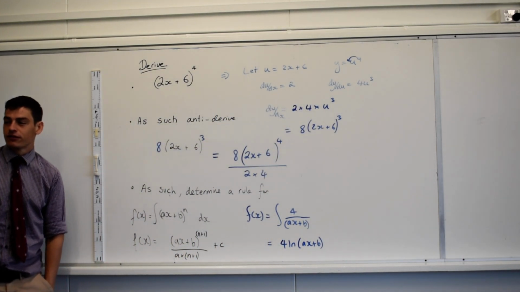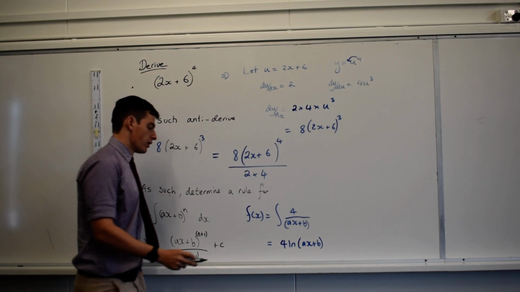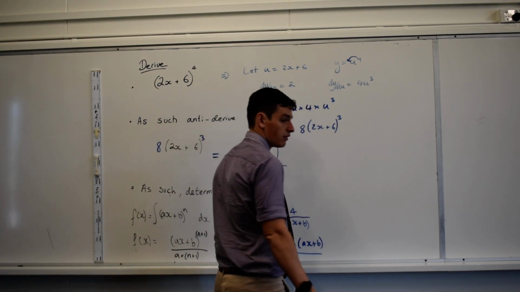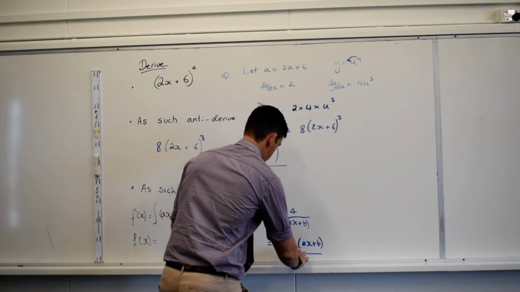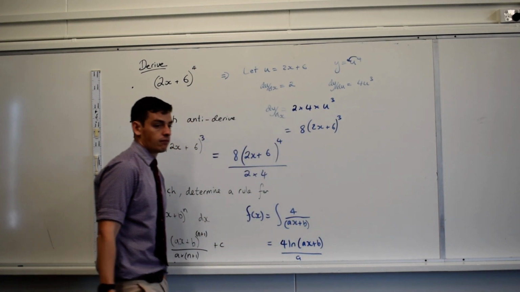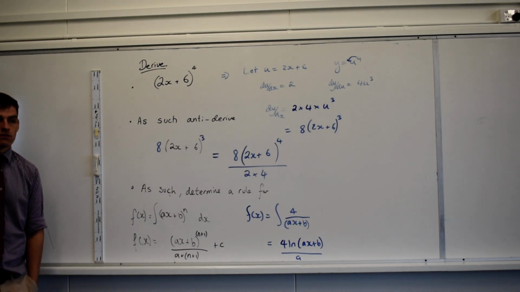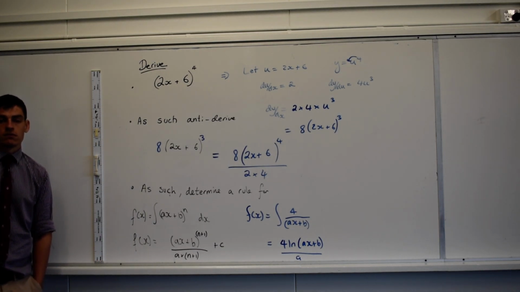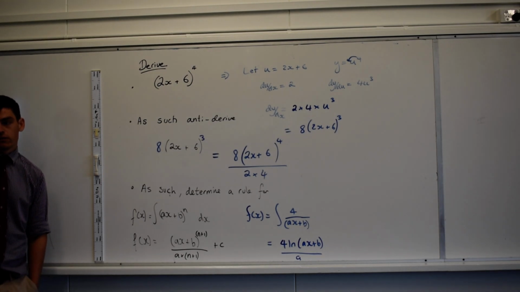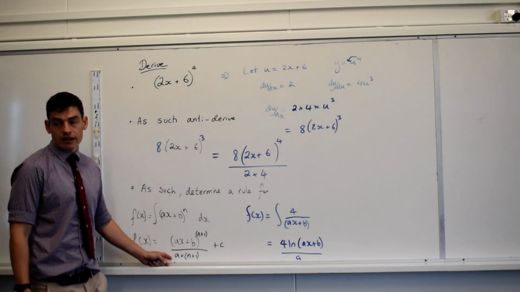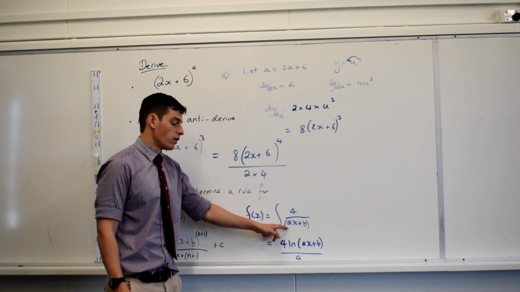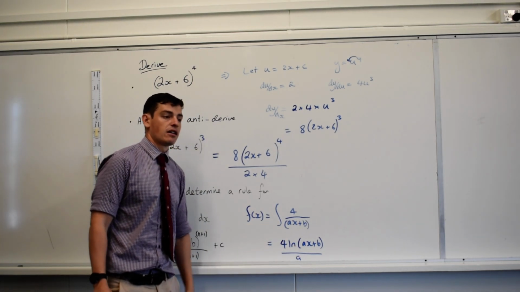What do you reckon? Divide by? Make sense or not? Same as this rule. It's just because we're dealing with the -1, we have to make it a natural log.